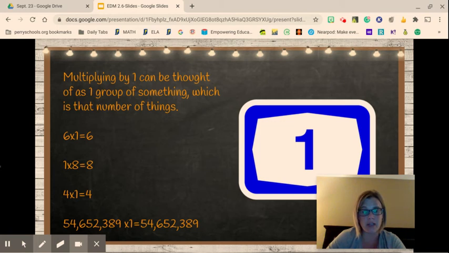So 4 times 1 is 4. 54,652,389 times 1 is 54,652,389. I am taking 1 group, and 1 group of that many is going to be that many. Remember, anything times 1 is going to be the other factor.